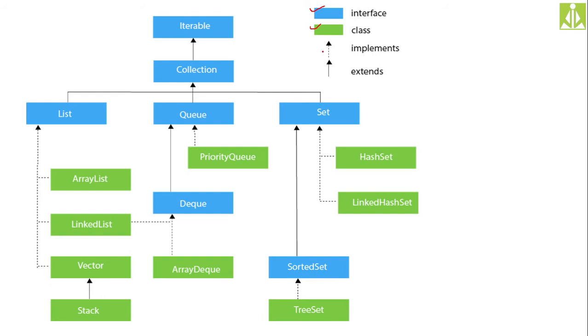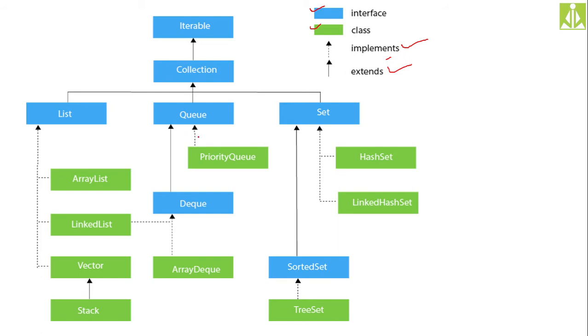Whatever we represented in blue color is an interface, and whatever we represented in green color is a class. And the arrow with dots, as you can see here, a dotted arrow represents implementation, and the solid arrow represents extension. So wherever you have this solid arrow, it represents extends, and wherever you have this dotted arrow, it represents implements.